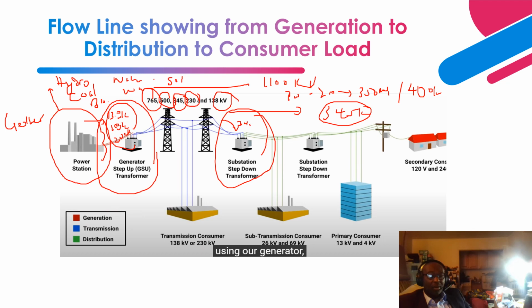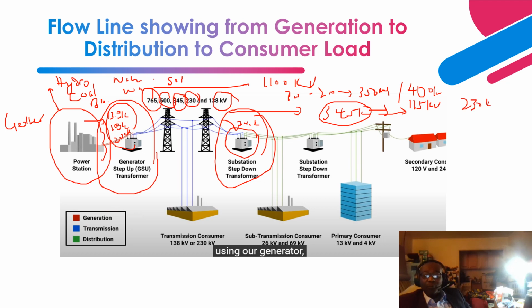At this station, you can achieve a myriad of different step-down voltage levels. You can achieve 115 kV from here, and you can achieve 230 kV.